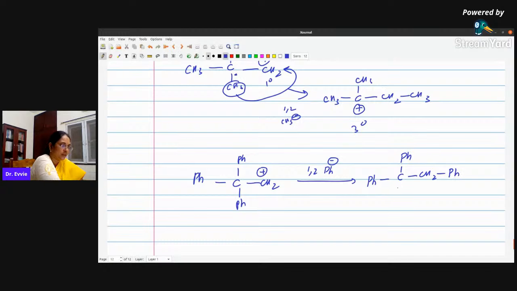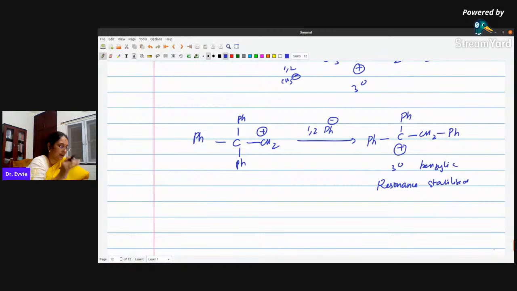This will be your tertiary carbocation, which is the most stabilized compared to hydrogen, methyl, and phenyl. Why Ph? Because it is resonance stabilized. So here it is a tertiary carbocation, and it will also be a benzylic one, that is resonance stabilized. So this will be the most stable carbocation.